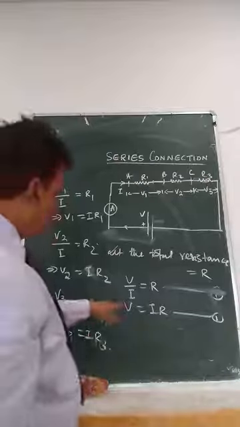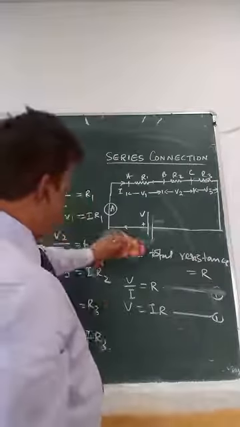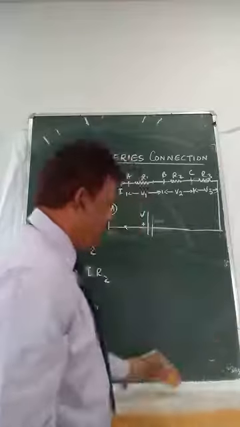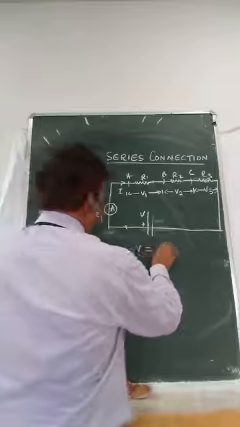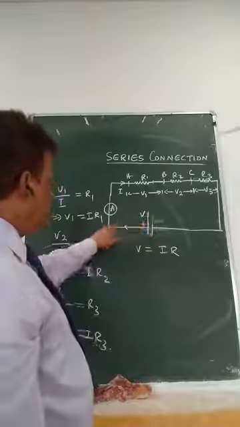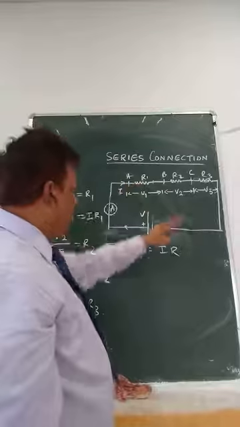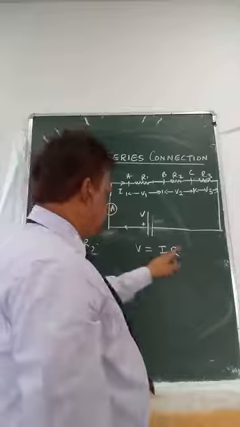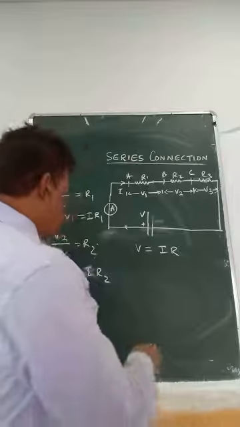Now back to this one. V equals IR. If the total voltage is V, I is the current and total resistance is R, then V equals IR.